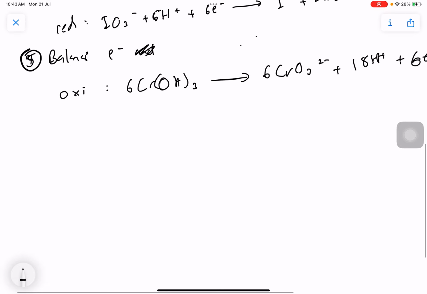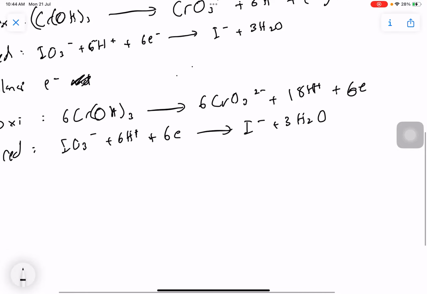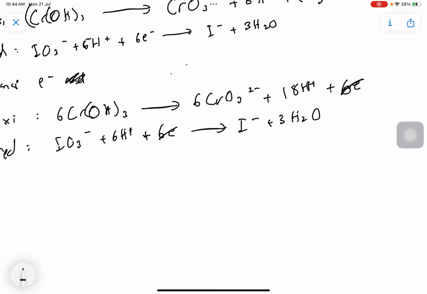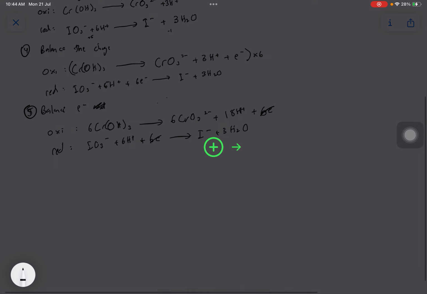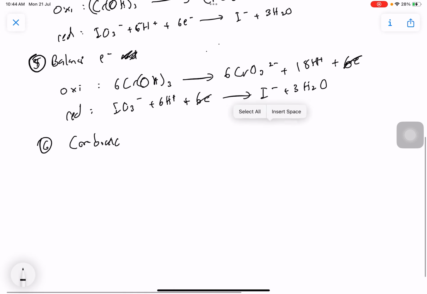And at the right side, just rewrite IO3- plus 6H+ plus 6 electrons to become I- plus 3H2O. So here we have 6 electrons. We can cancel the electrons, and then after balancing electrons you can combine to become a full, complete equation.